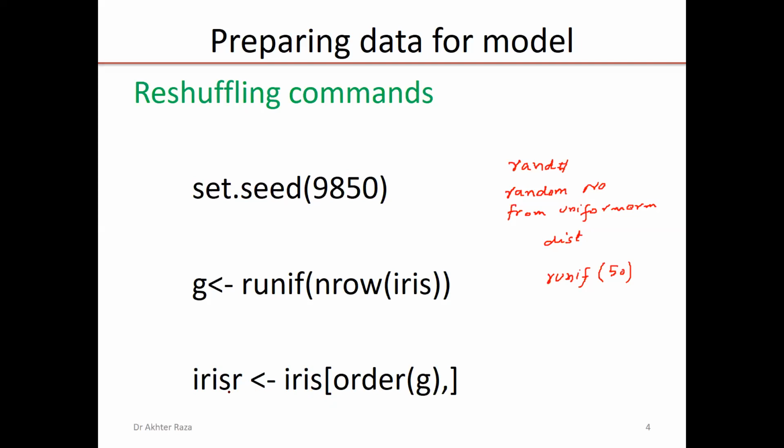What is the purpose of this command, iris[order(g), ]? Why do we have a comma and then a blank after the comma? Because we want to have all of the columns. So all of the columns are sorted, and the new data set after sorting is stored in iris R.